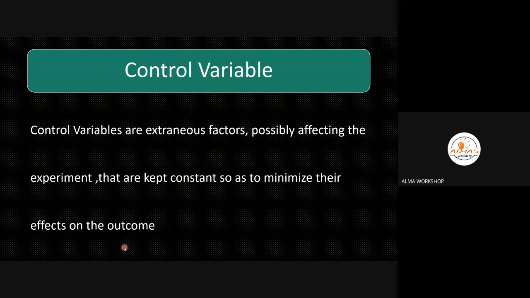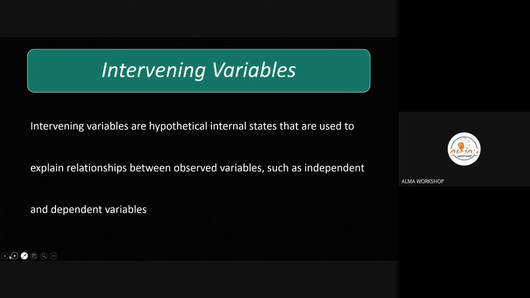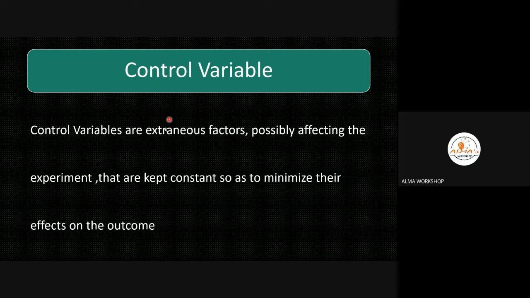So you are trying to control that group with the control variable. So they are called as control variables. They are otherwise called as extraneous variables also. I am trying to introduce to you, whenever you have experimental research design, what are the variables that you have to know as and when you do your experiment.